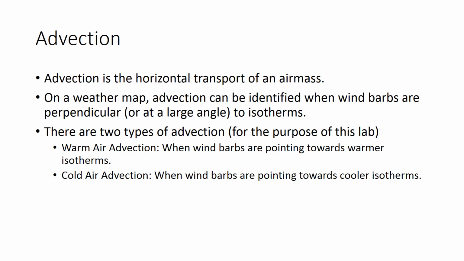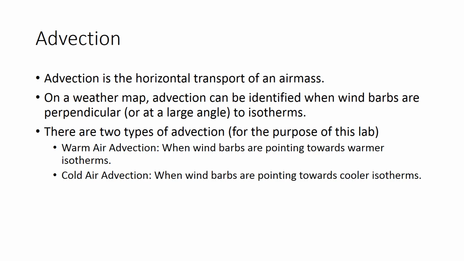And there are two types of advection. For the purpose of this lab, there's actually moisture advection and other types, but for the purpose of this lab, there's two types of advection: warm air advection and cold air advection. And warm air advection occurs when the barbs themselves, so the edge of the barbs, is pointing towards higher value isotherms.